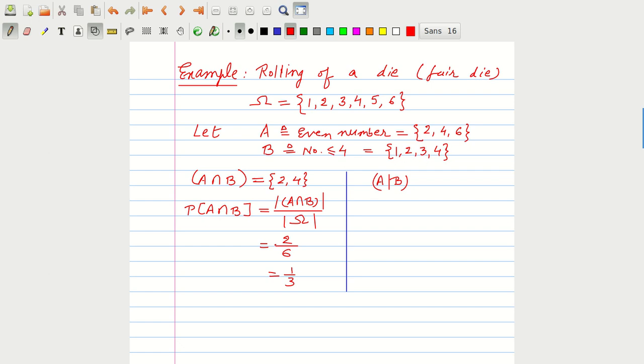That means the event B has already occurred, and we are interested in finding out whether the number is an even number. So clearly the corresponding conditional event contains two sample points 2 and 4.